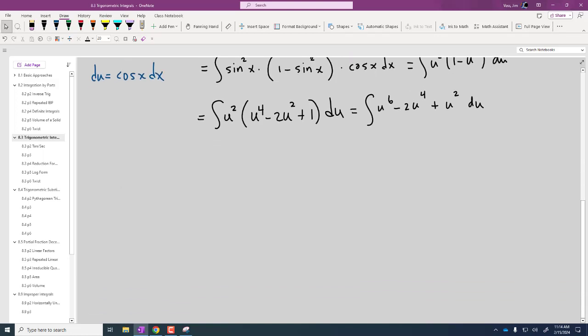So, sine to the 7th over 7. Yeah, we could do it all at once. Let's not do it all at once. We could, and you definitely probably will on the test.